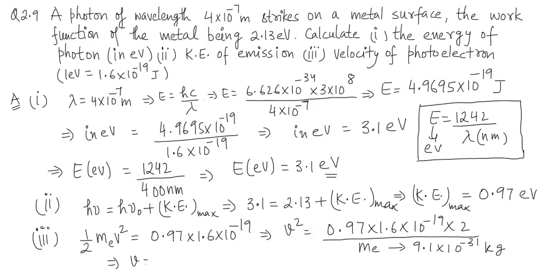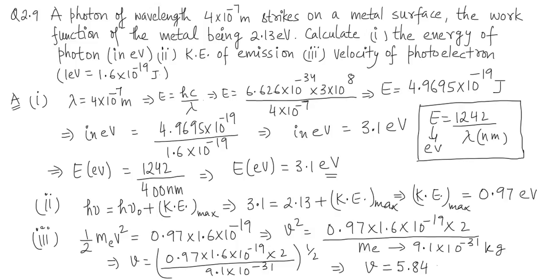V is equal to 0.97 into 1.6 into 10 to the power minus 19 into 2 divided by 9.1 multiplied by 10 to the power minus 31, और इसका स्क्वायर रूट, right? Calculation is tedious, no doubt. So the velocity in this case turns out to be 5.84 into 10 to the power 5 meter per second. All right, SI units.